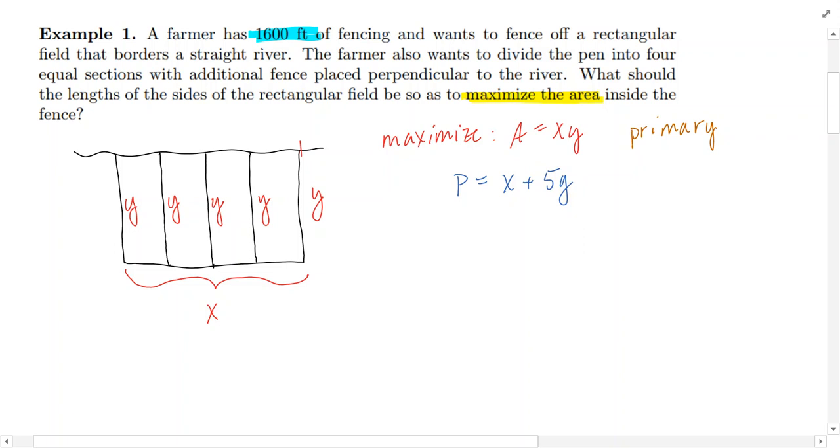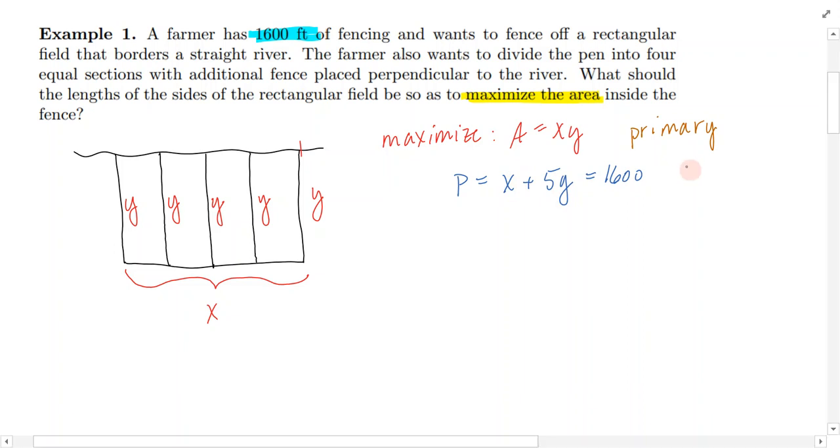Because perimeter is the outside of things. So if I look at this equation, I know that the perimeter, which is represented by 1 X added to 5 Y's, is going to be equal to the 1,600 feet of fencing that he has available. So now I have an equation for X and Y that's equal to a number.